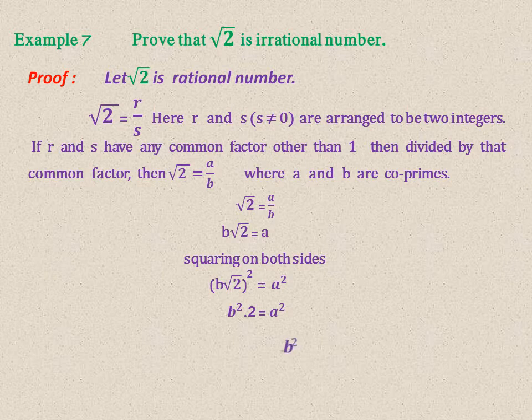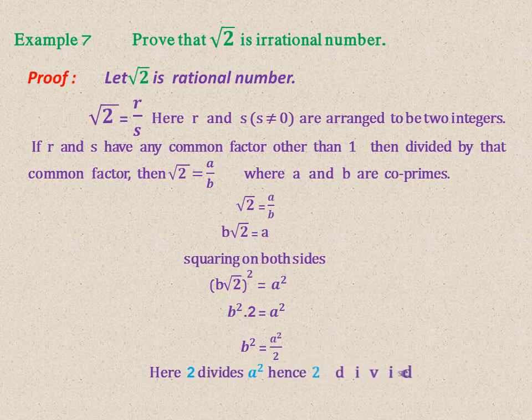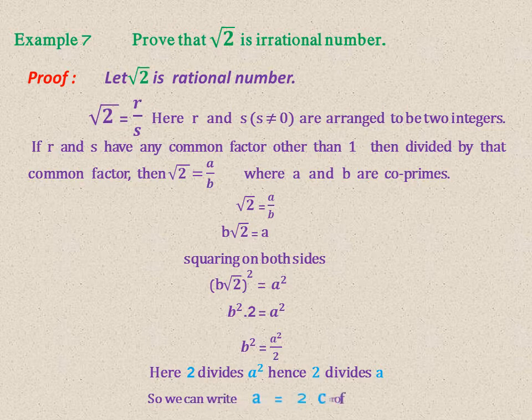So here in LHS 2 is transposed to RHS. 2 divides a square, and also 2 divides a. That means a is in the form of a multiple of 2, so we can write a equal to 2c for some integer c.